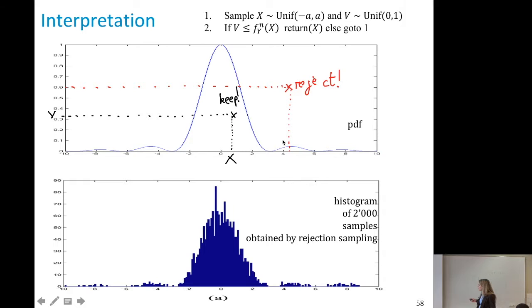So if you see, now v is higher than fyn of x. Therefore, this point we reject it. And if you see, it's out, it's above the PDF. Okay? And we reject it. So this is how rejection sampling works. And in this graph, we see 2,000 samples that are obtained by rejection sampling from this distribution, and we see that we approximate this distribution. Okay.